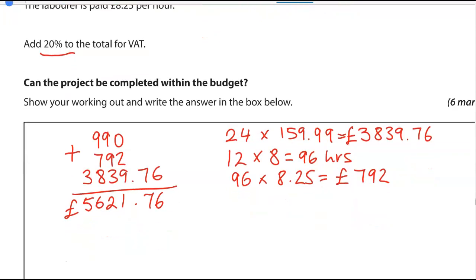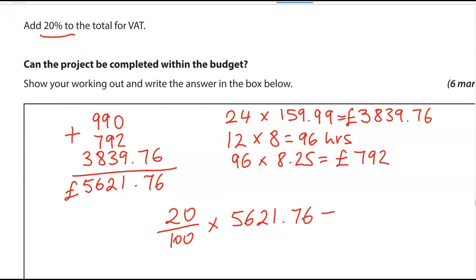So 20%, that is 20 out of 100 of the amount, which is £5,621.76. Doing this in the calculator, we get 1,124.352.